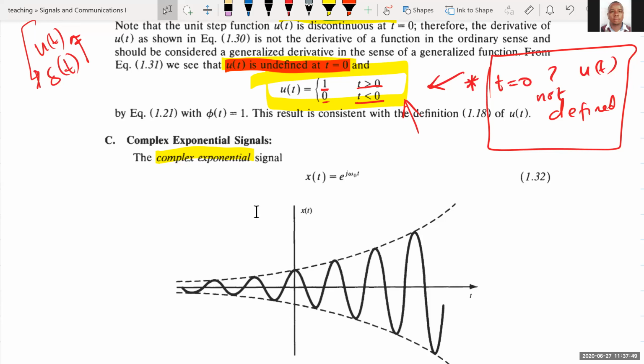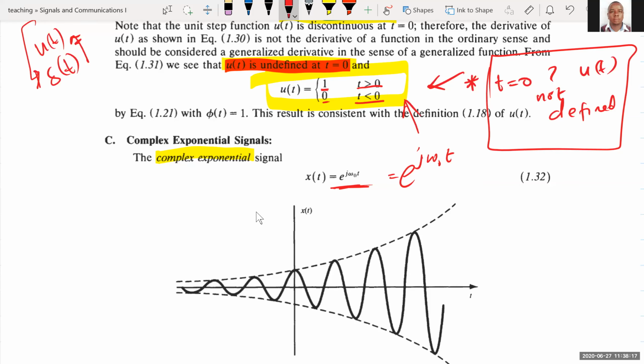To start with, we are going to express the function x(t) as an exponential, that is, the letter we call the natural number e. We normally write it as e to the power j omega naught t. So this is how you express the function x(t).